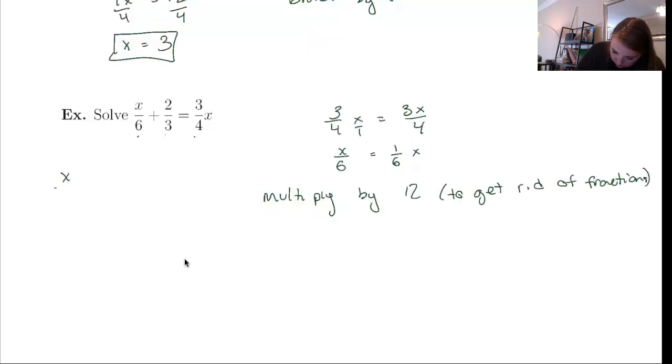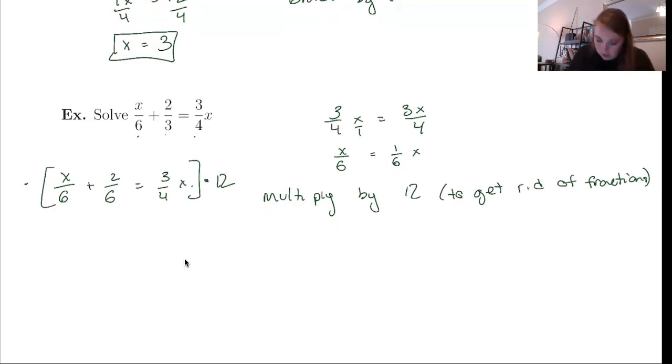You can write times 12 on each term, times 12 on the one side and times 12 on the other side, or you can put big parentheses around everything and just do times 12.